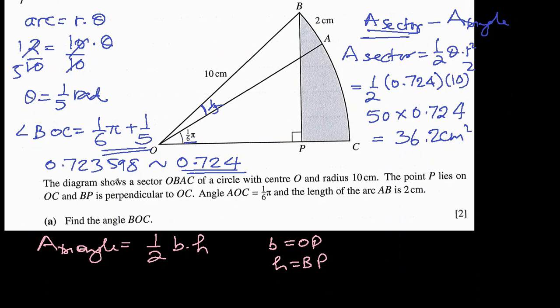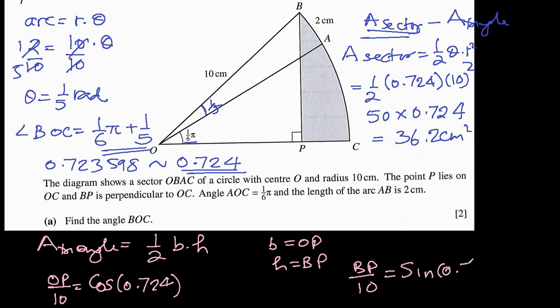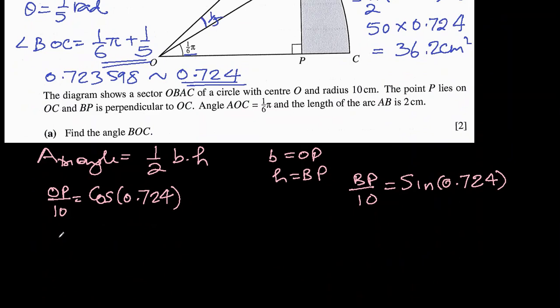OP divided by 10 equal to cos 0.724. Similarly, BP divided by 10 will be sine 0.724. So if I cross multiply in both cases, OP comes out to be 10 cos 0.724 and BP will be 10 sine 0.724.